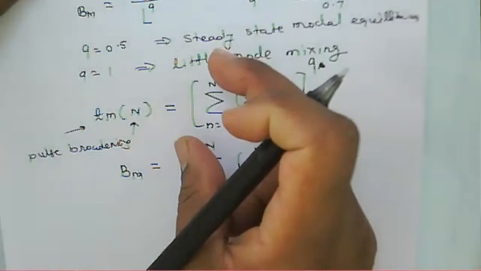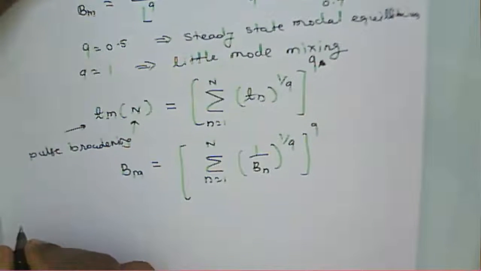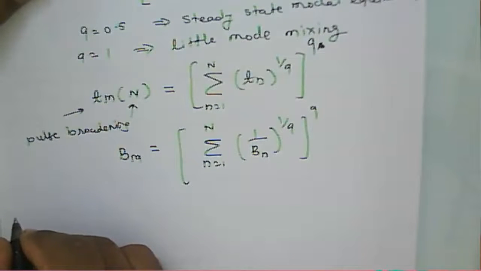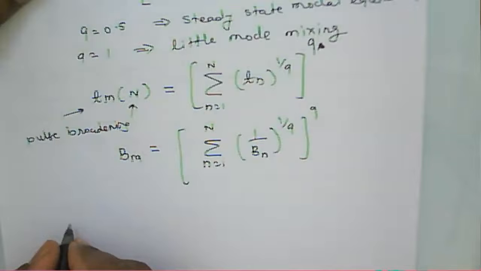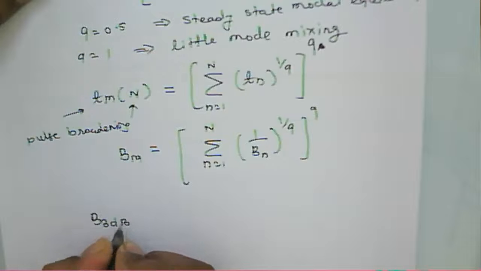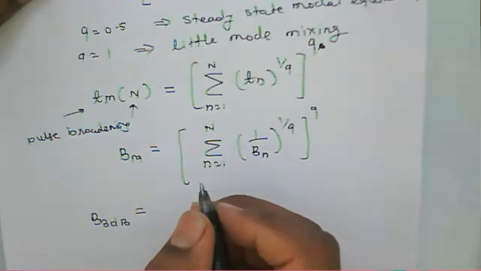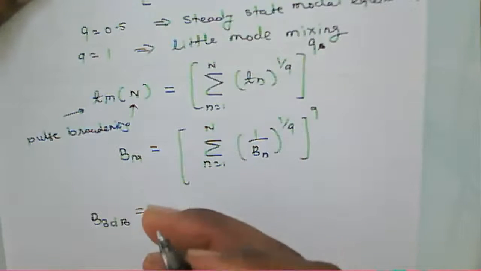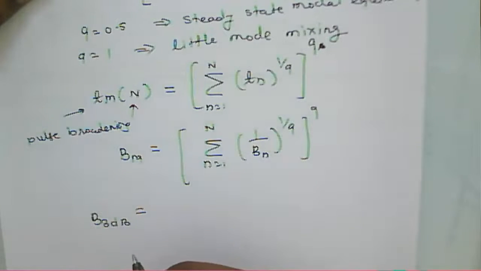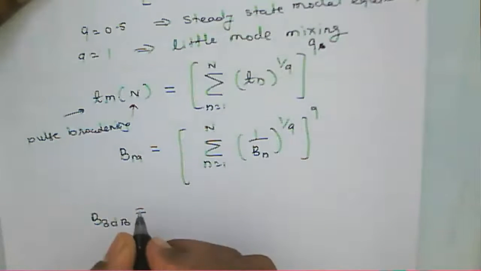For a given particular fiber, we have to calculate what will be the optical 3 dB bandwidth, and that optical 3 dB bandwidth will give us the modulation dispersion for the given particular modulation frequency.